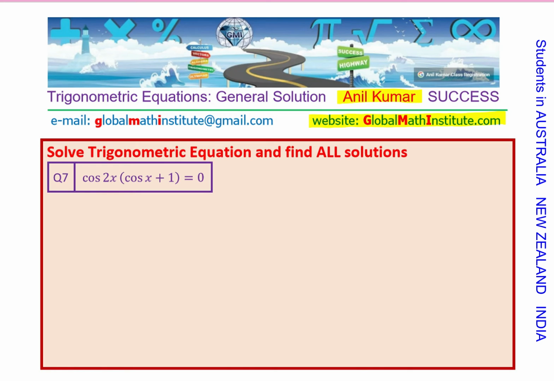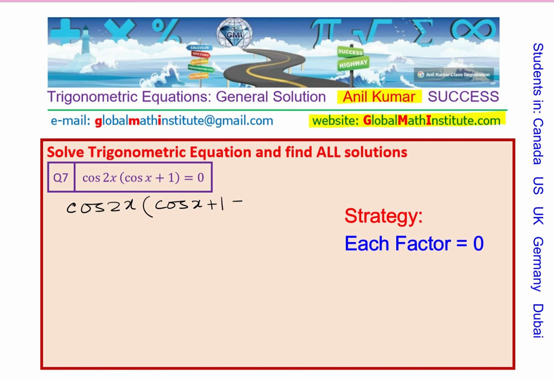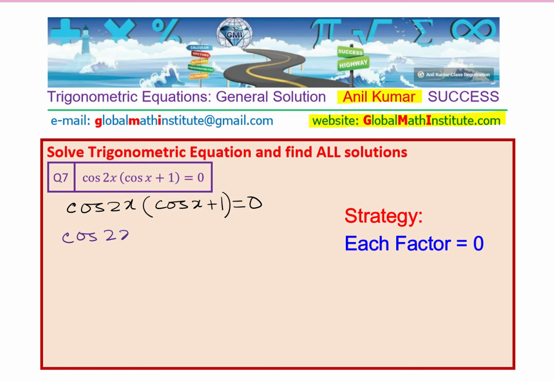We have the first question, which is purposely taken in factored form: cos 2x times (cos x plus 1) equals 0. So clearly, either cos 2x is equal to 0, which is the double angle, or cos x plus 1 equals 0.